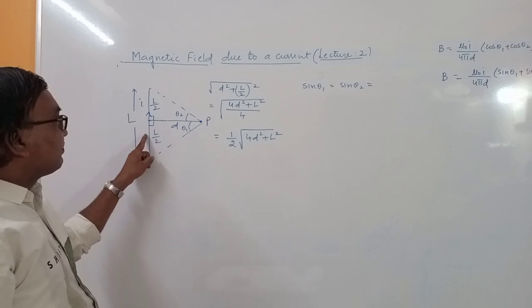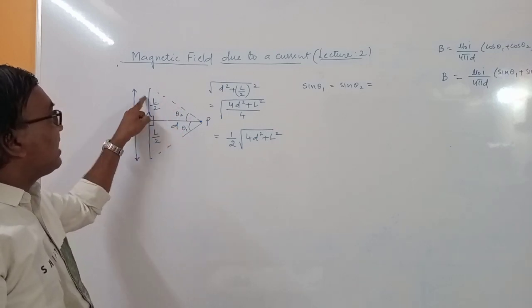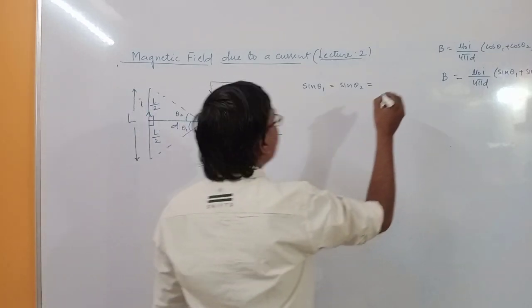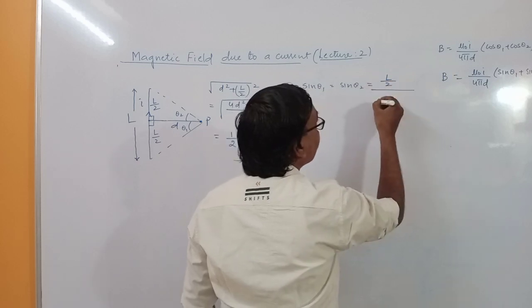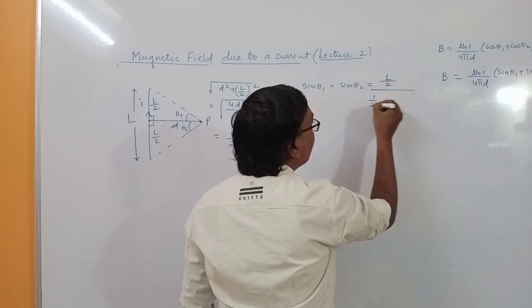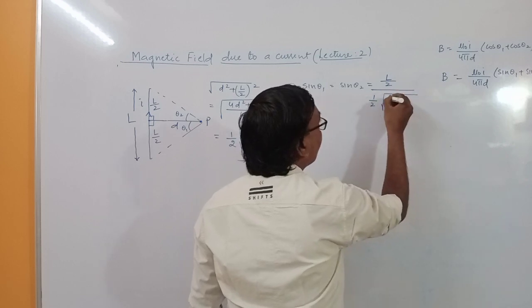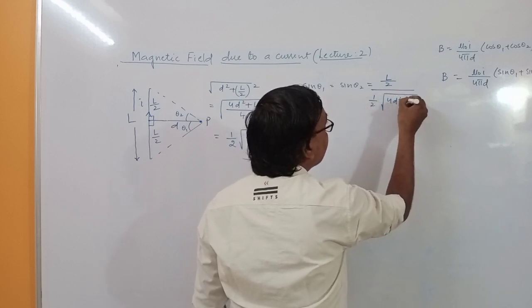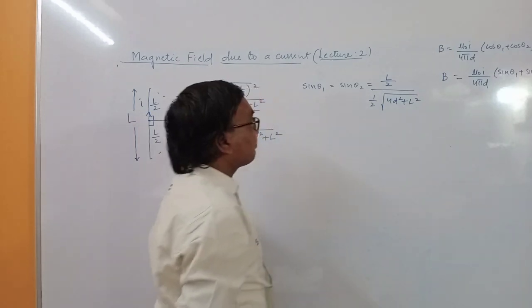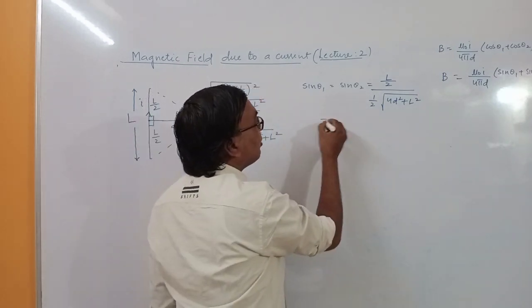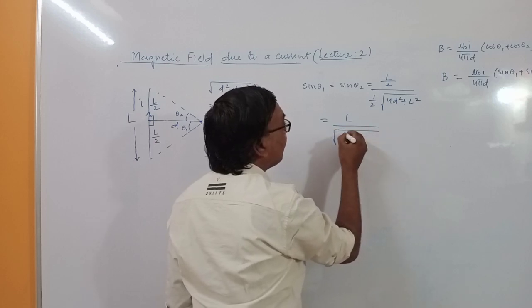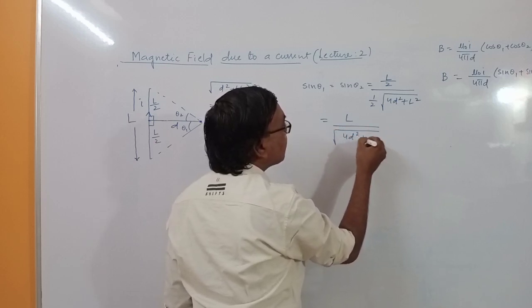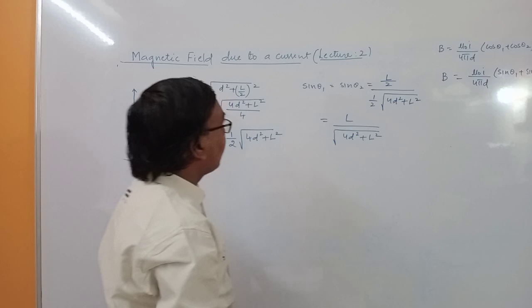Opposite side by hypotenuse: the opposite side is L/2 divided by 1/2 root of 4d square plus L square. So its value is L upon root of 4d square plus L square.